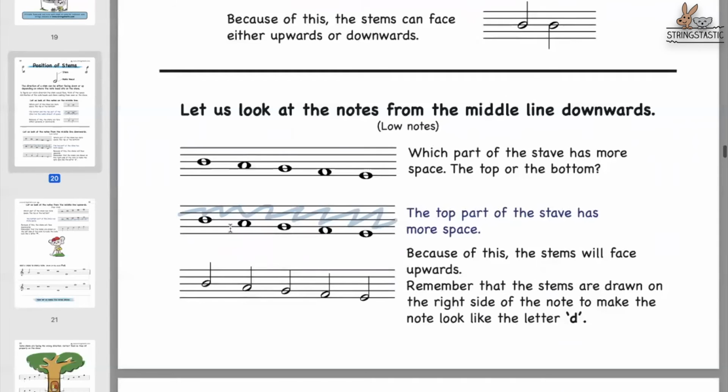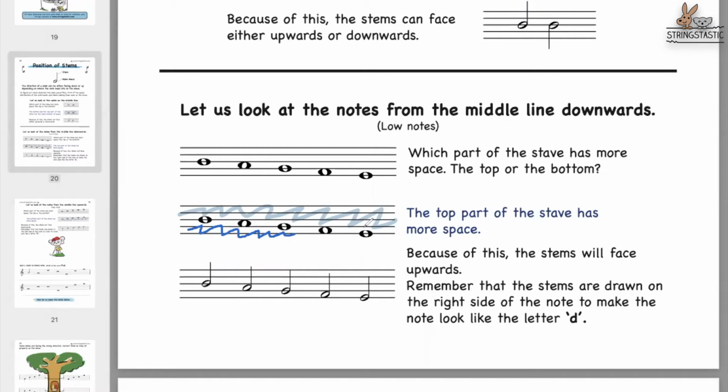So let's look at this music stave. When you have notes from the middle of the stave downwards, the question I am going to be asking is this. Which part of the stave has more space? The top part of the stave or the bottom part of the stave? Now, if you need to draw this out, please do draw it out so that the students can visually see this.